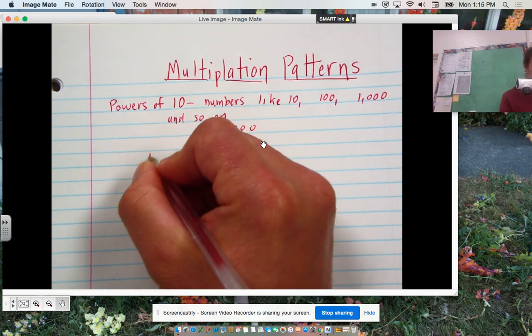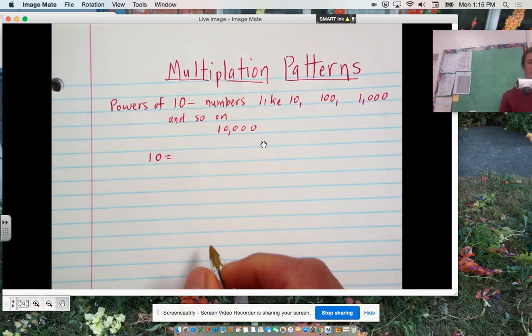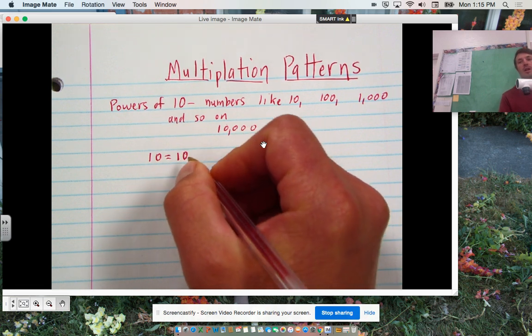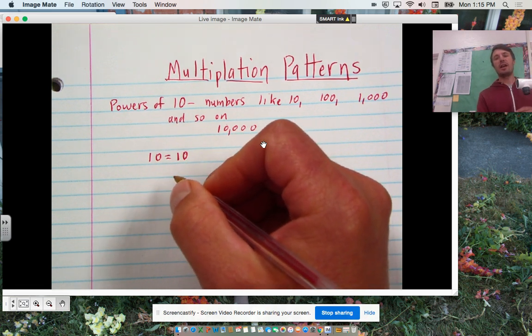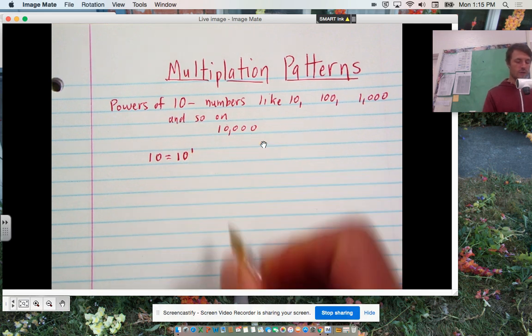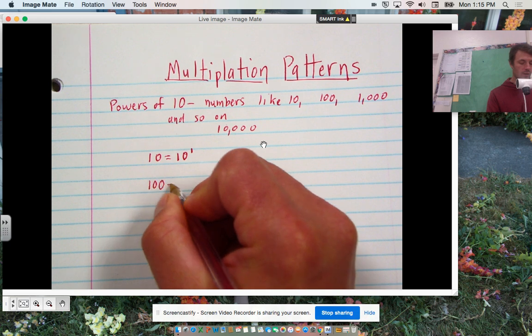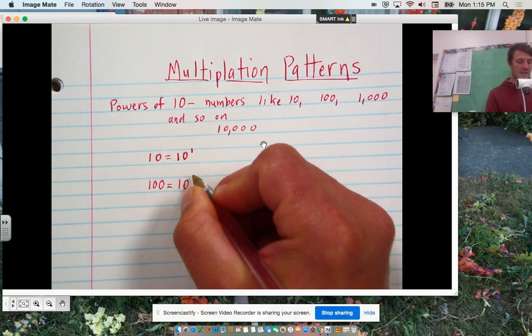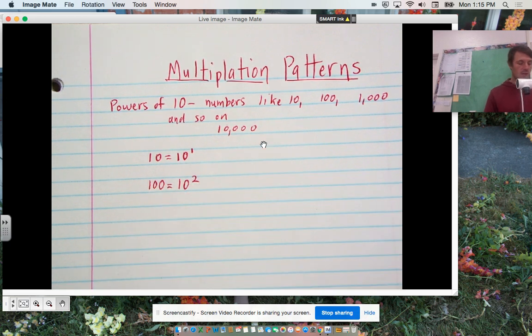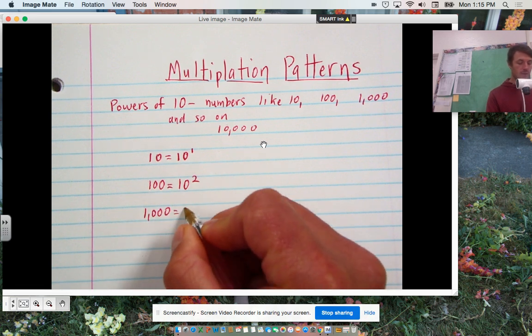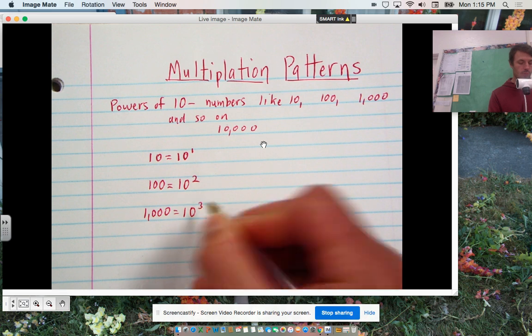Well, you can write the number 10 as the exponent 10 to the first power. You can also write the number 100 as the exponent 10 to the second power. And you can write 1000 as the exponent 10 to the third power.